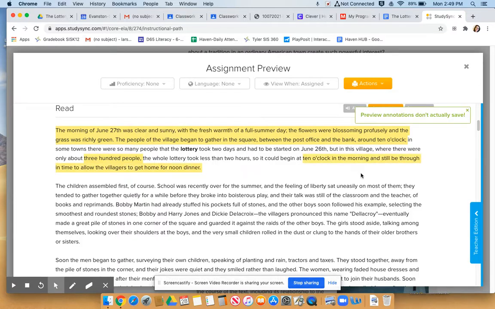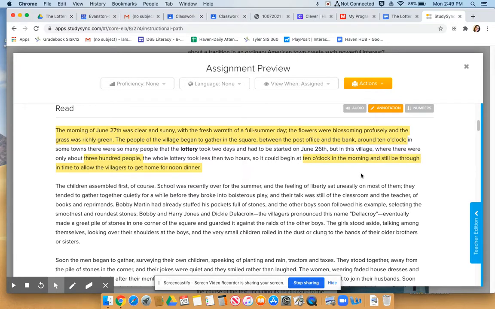The children assembled first, of course. School was recently over for the summer, and the feeling of liberty sat uneasily on most of them. They tended to gather together quietly for a while before they broke into boisterous play, and their talk was still of the classroom and the teacher, of books and reprimands. Bobby Martin had already stuffed his pockets full of stones, and the other boys followed his example, selecting the smoothest and roundest stone.